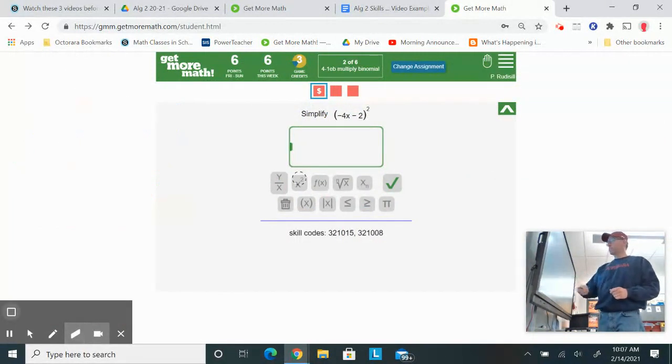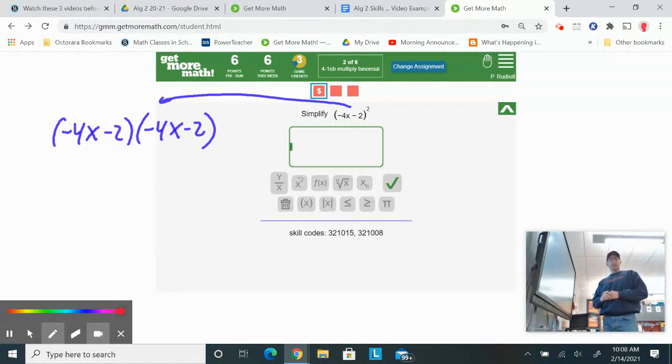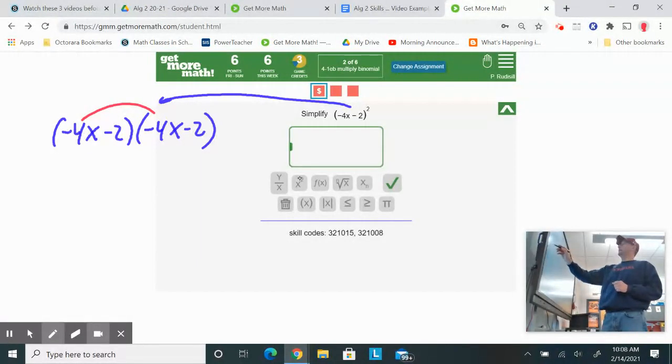All right, last one we'll do. Last example. We're squaring the difference of negative 4x and 2. So that really means we're just multiplying negative 4x minus 2 times itself. On my scratch paper, I wrote negative 4x minus 2, multiplied by negative 4x minus 2. So my first, I get positive 16x squared.